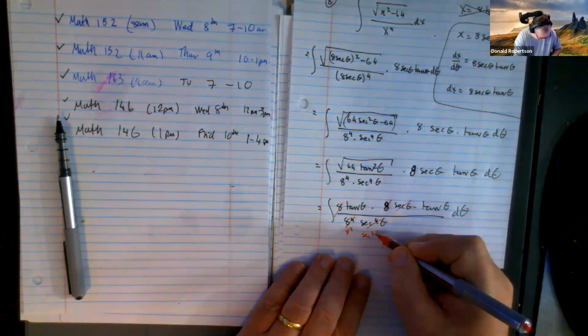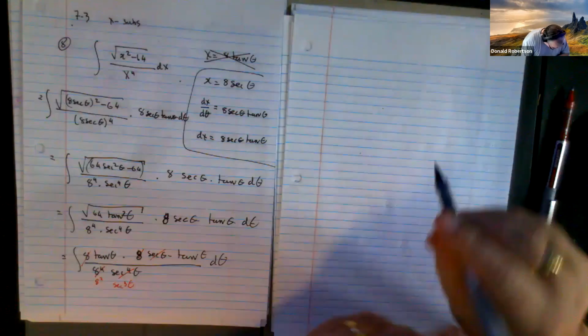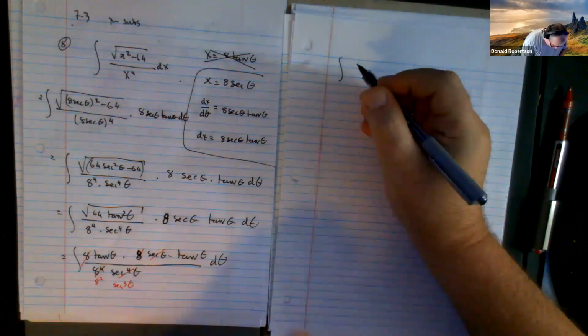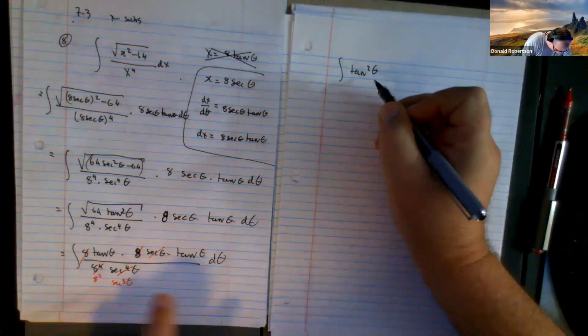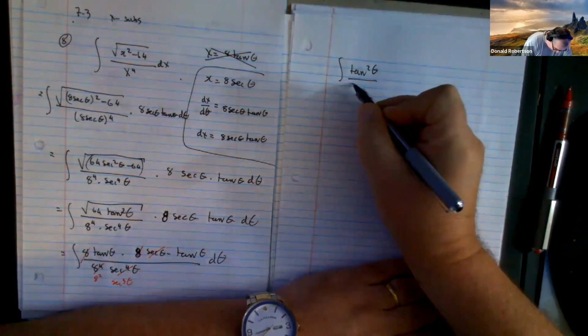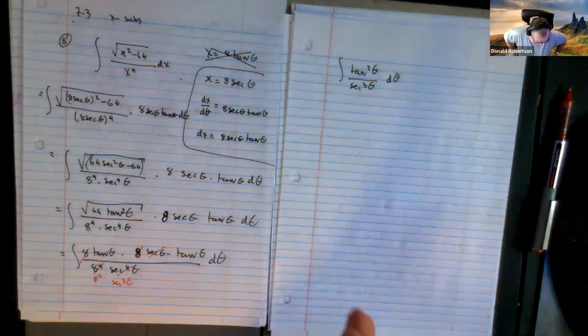Right. Now, it looks a bit messy, so maybe I should rewrite it with the pieces that are left. There's a tan squared left, and there's a secant cubed left. There are many things in trig that cause problems.